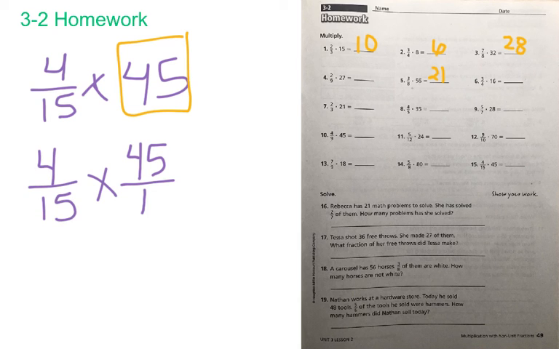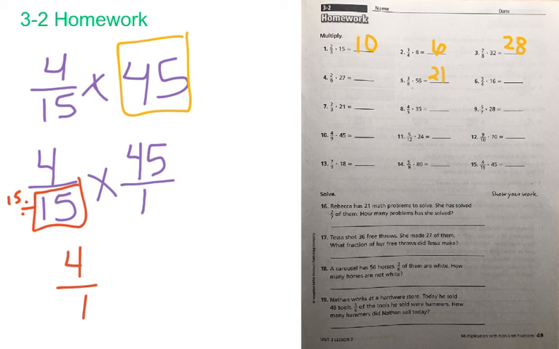Okay, this is another case where I can cross-reduce because I know that 15 can go into 45 evenly 3 times, right? Because 15 times 3 is equal to 45. So I'm going to go ahead and look here at my 15. If I divided 15 by 15, that's equal to 1. So my fraction here is 4 over 1.